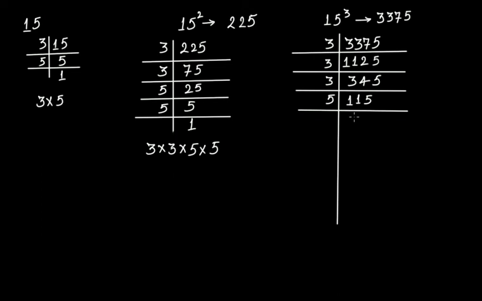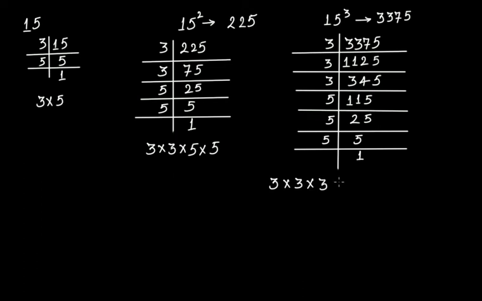So 5 times 25 is 125, here you have 5, and then you have again 5, and 1. So the prime factorization of 3375 is 3 multiplied by 3 multiplied by 3 multiplied by 5 multiplied by 5 multiplied by 5.